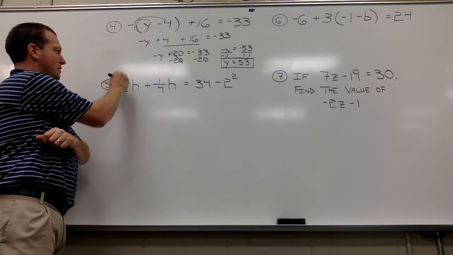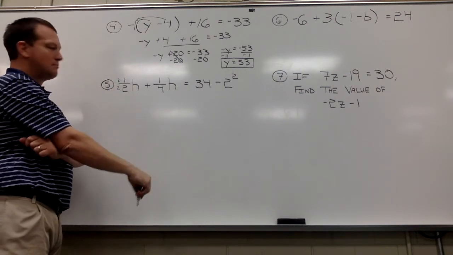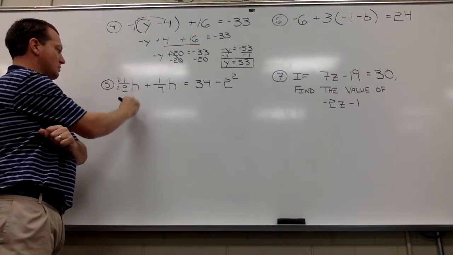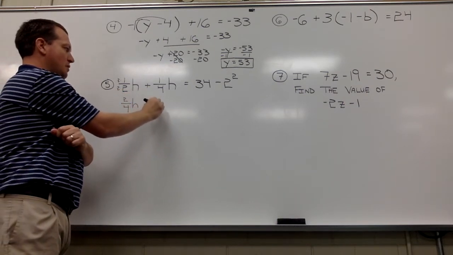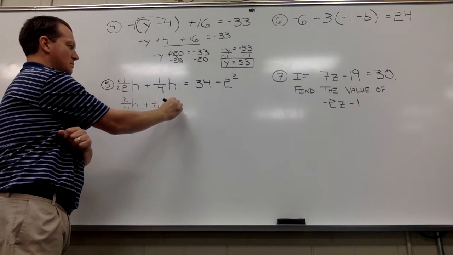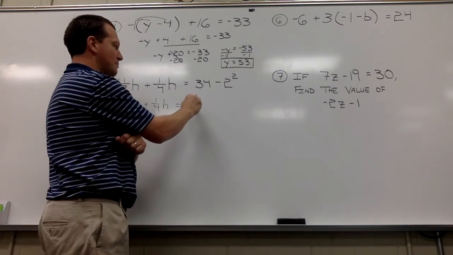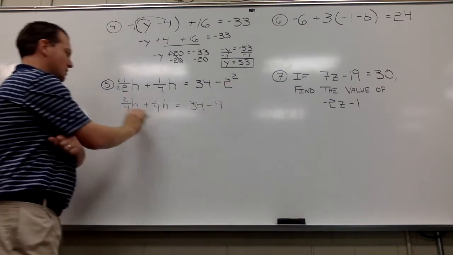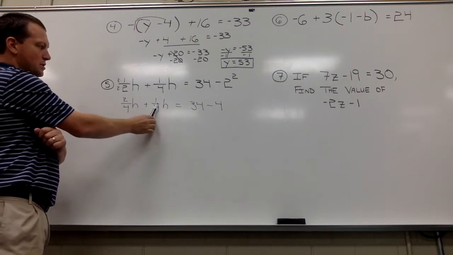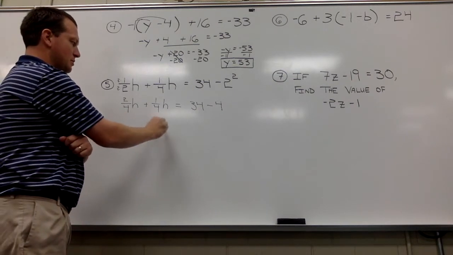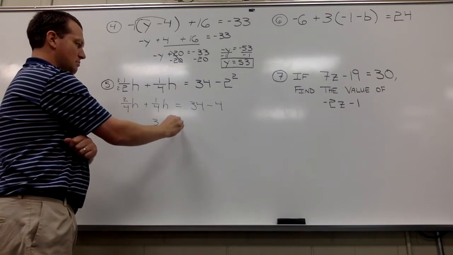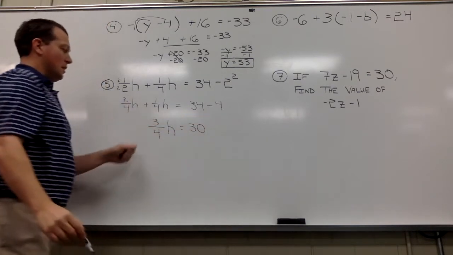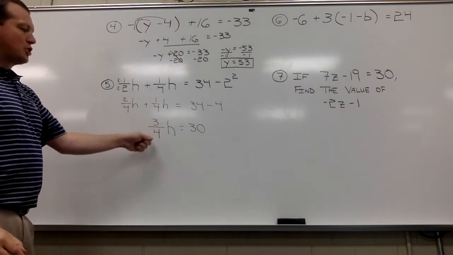So I'm going to multiply 1/2, top and bottom, by 2. So I'm going to have 2/4 h plus 1/4 h will equal, right side, I can keep my 34 minus 2 squared is 4. So going back to the left side here, 2/4 and 1/4 would make 3/4. So 3/4 h will equal 34 minus 4 is 30. Here we are again, friends, with a fractional coefficient.